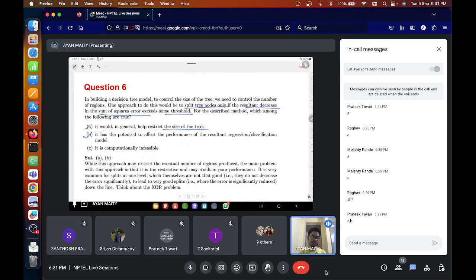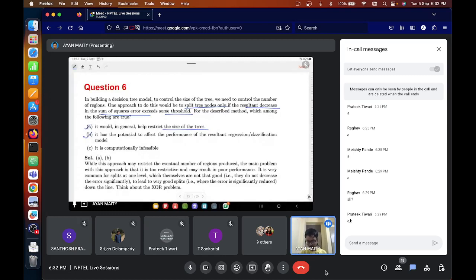For many cases the resultant decrease in this squared error would not exceed the threshold. In that case we will not split the node any further. So the number of leaves would decrease, and consequently the number of regions would also decrease. So the overall size of the tree would decrease. That's why option A is certainly correct.